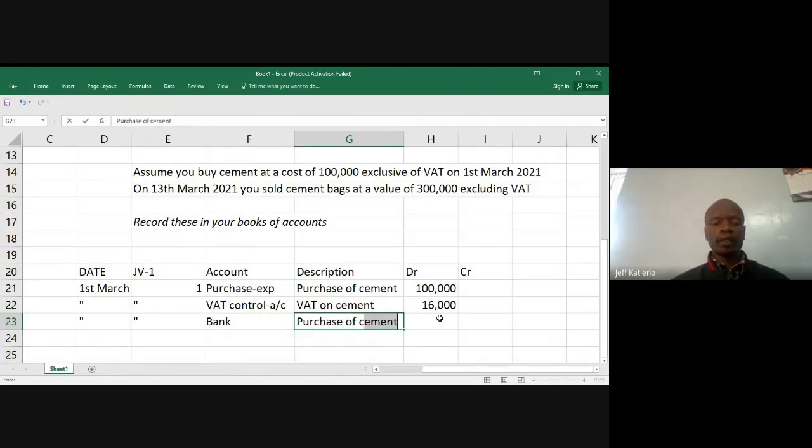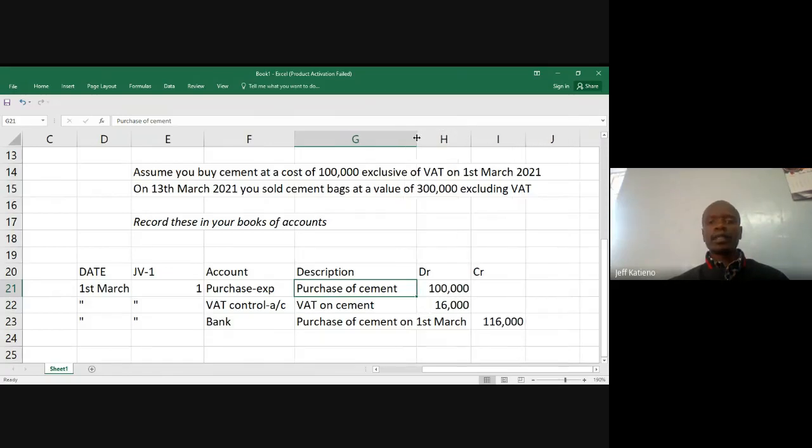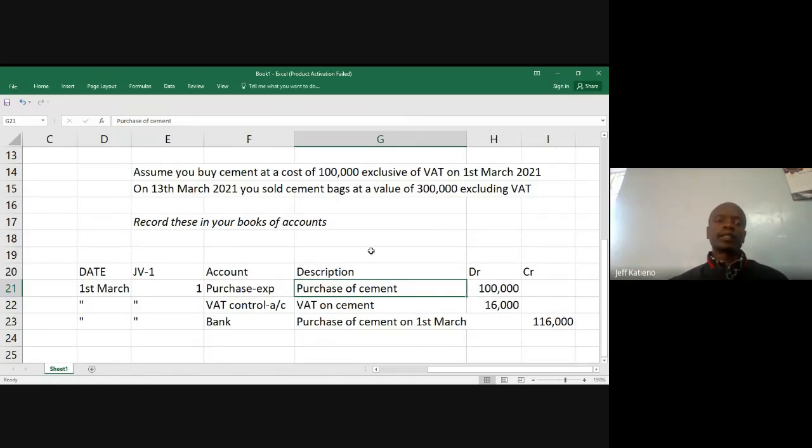So purchase of cement on 1st March, it will be 116,000. So this is how your first journal will look like.